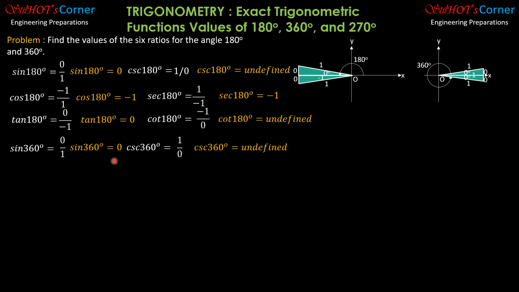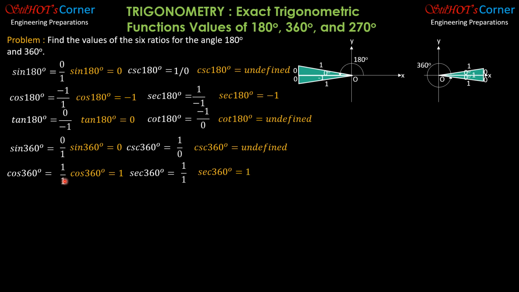Then for the cosine, cosine of 360 degrees is like cosine of 0, so adjacent x 1 over hypotenuse 1, so it is 1. Cosine of 360 degrees is 1 over 1, so it is 1. While its reciprocal, secant of 360 degrees, is hypotenuse 1 over 1, so it is also 1.